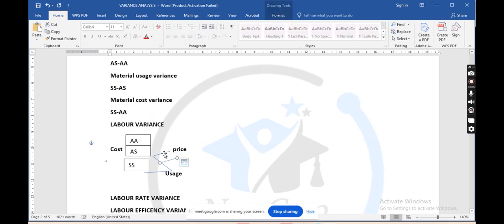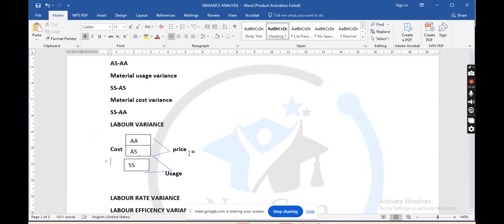The cost, make it three. So this will be your rate instead of price, while this will be efficiency instead of usage. Efficiency, class.